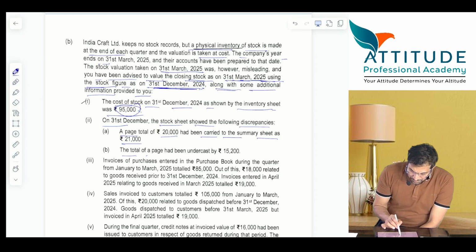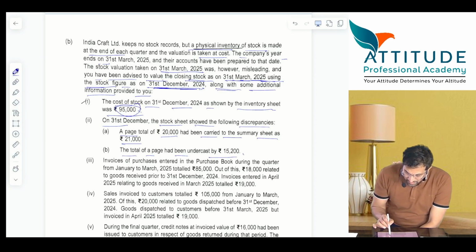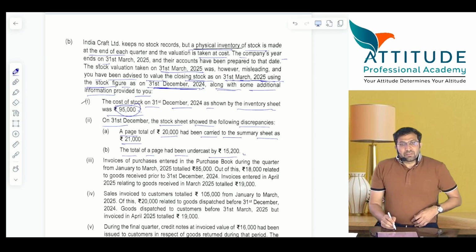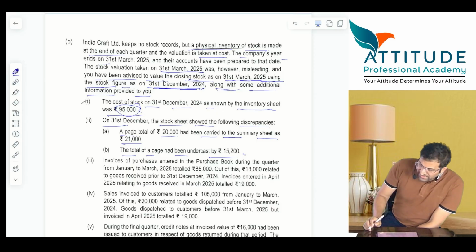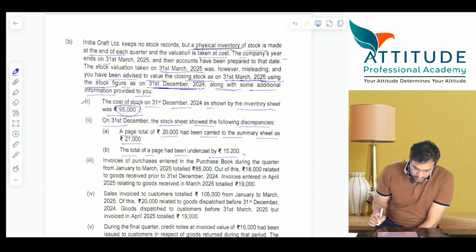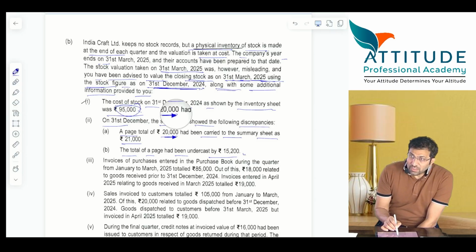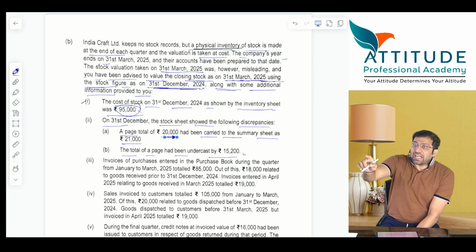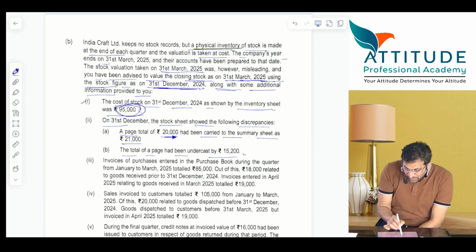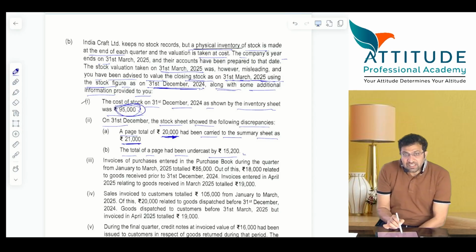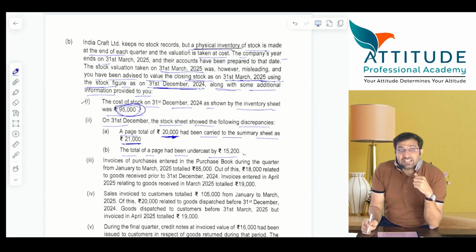The total of another page has been undercast by 15,200. There are two adjustments, so tell me what to do. What is the page total? 20,000. Instead of taking 20,000, what did you take? 21,000. While valuing this 95,000, you have considered not 20,000 but 21,000.